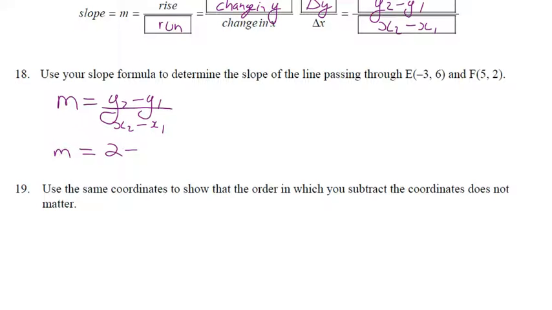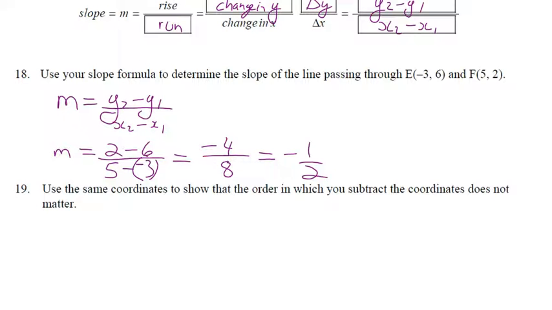What's y1? What's x2? What's x1? Negative 3. As soon as you choose y2, everything is locked in. If 2 is y2, then 5 is x2, 6 is y1, and negative 3 is x1.